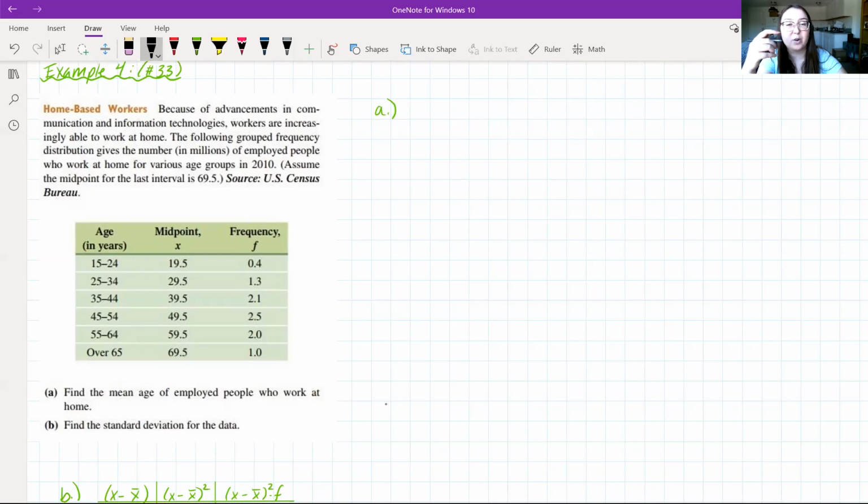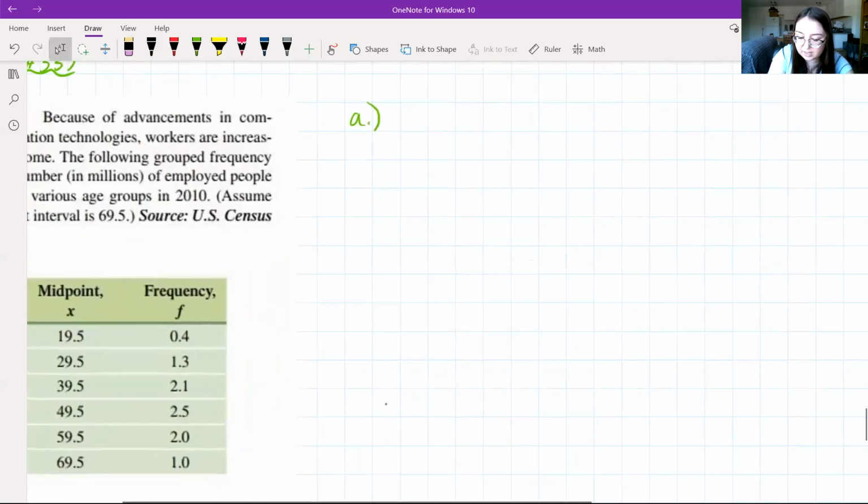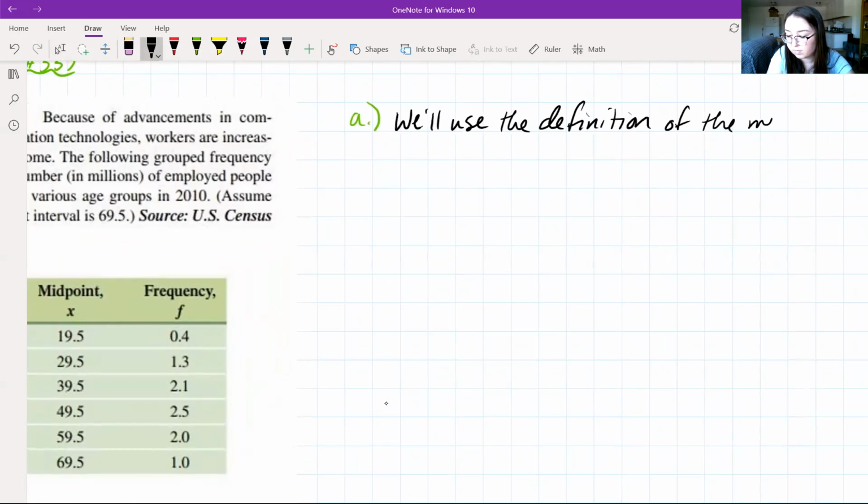Just like we did before in example 3 when we found our mean, we took the mean for a grouped frequency distribution. So we'll need to do the same thing here. We use the definition of the mean for a grouped frequency distribution.